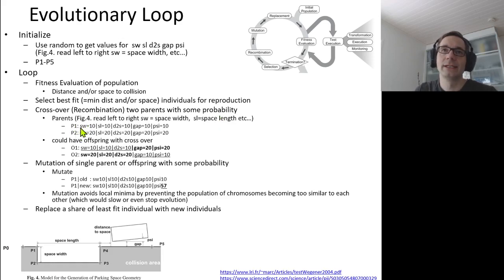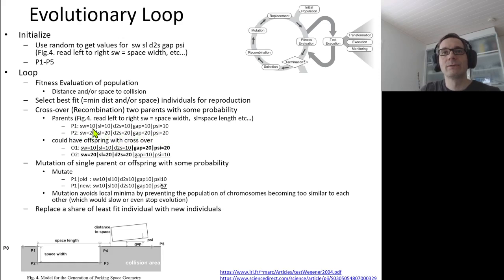For P1, all the values are initialized to 10: the space width, space length, distance to space, gap, and everything. This is just for the purposes of this example. And then we have another parent that has all these values initialized to 20.